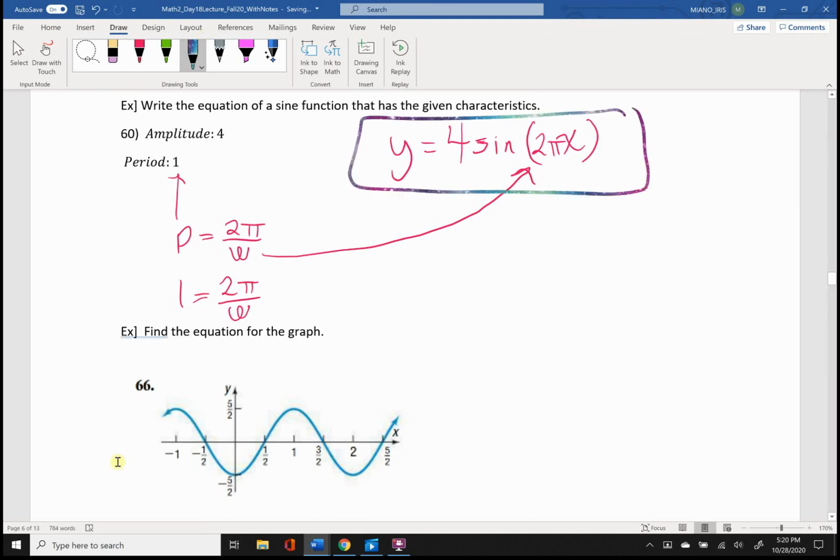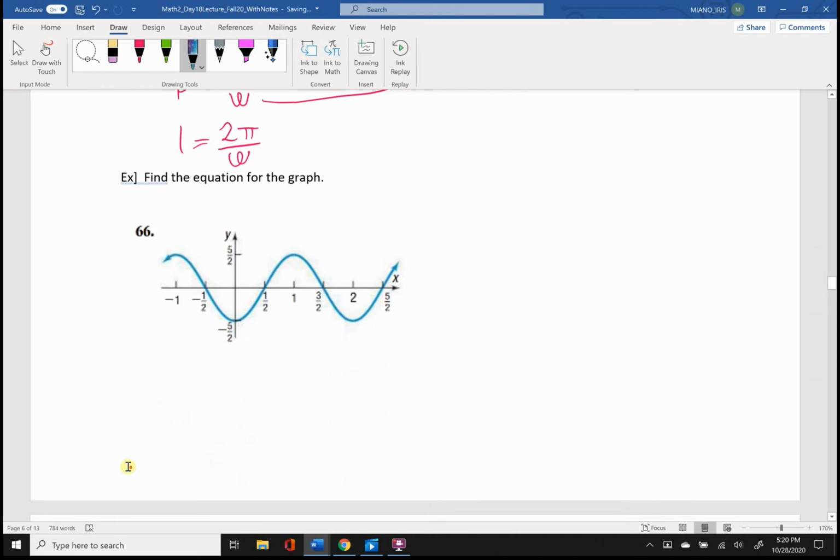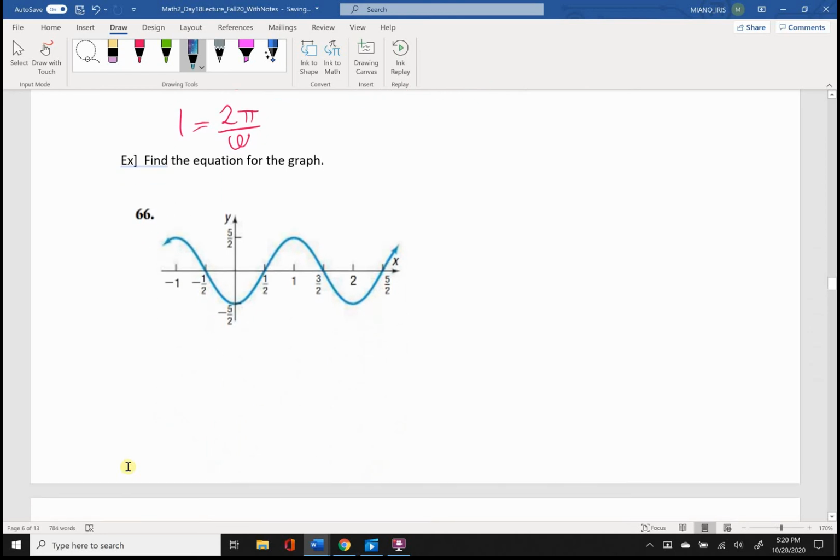Okay, last example for this section. Let's find the equation of this function just by looking at the graph. So a couple of things you'll want to notice right away is that at x equals 0, the output is at what I would call the amplitude, but it's at the negative version of the amplitude.